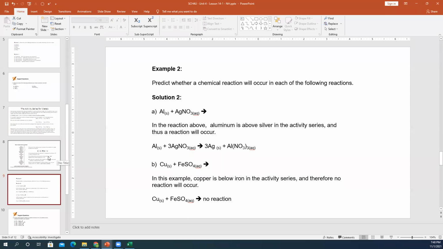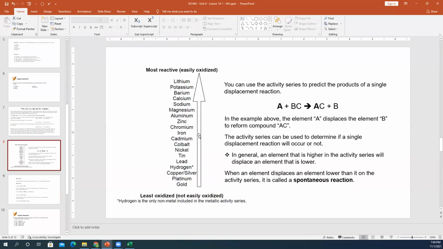Let's look at the activity table. We have, where's copper? Copper and iron. Okay, so what do you guys think? Will a reaction occur or not? Can copper displace iron? Copper's over here, iron's up here. Can copper displace iron?